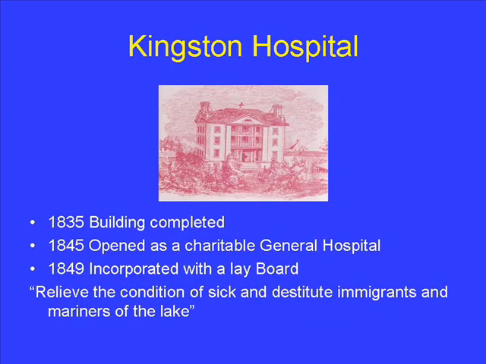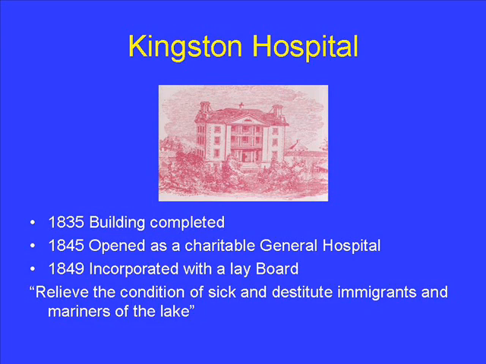Now, the people in Kingston recognized in the 1820s that they did need to have a facility of some kind and were keen to see a hospital created. In the late 1820s, there were 80 members of the Kingston community who pledged £1,000 toward the construction of a hospital.